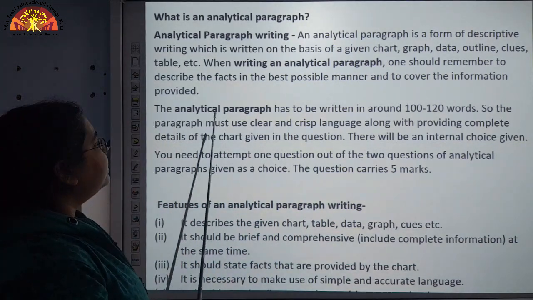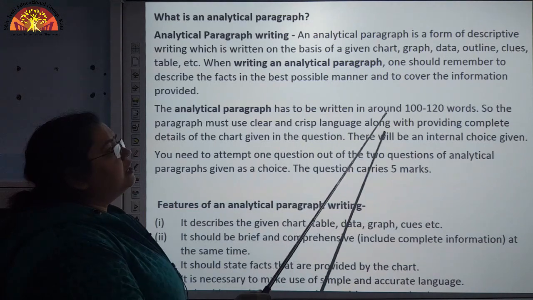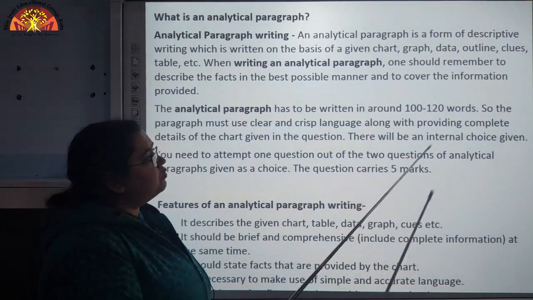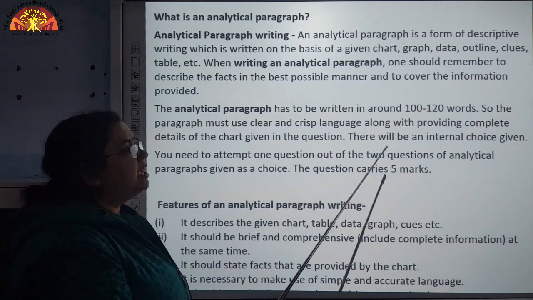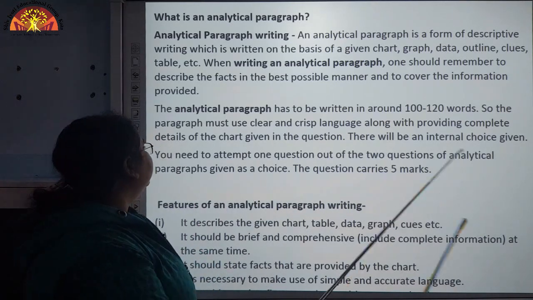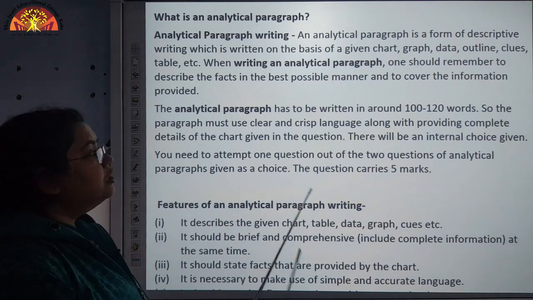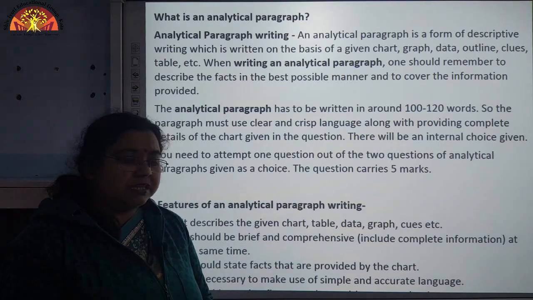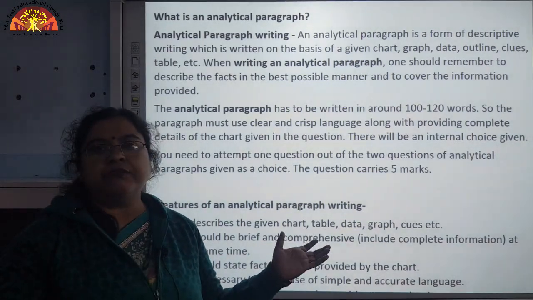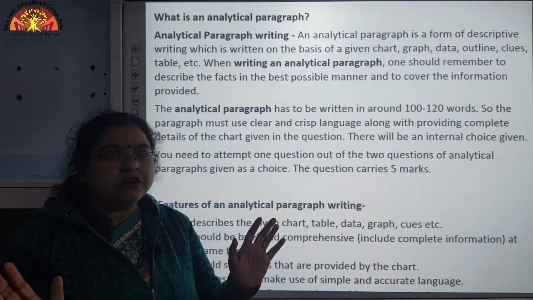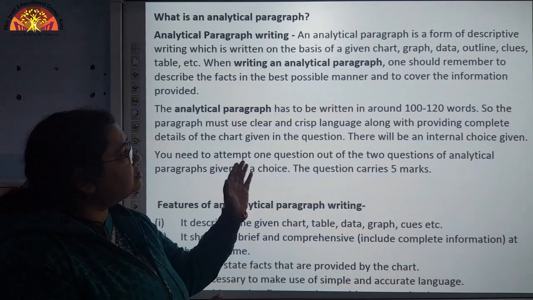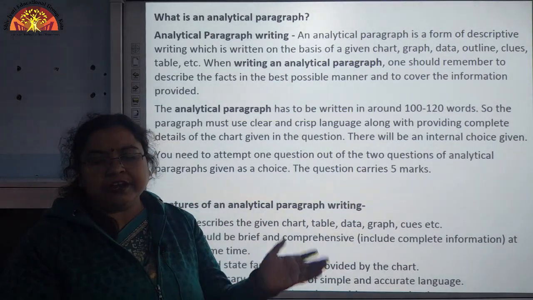Now the analytical paragraph has to be written in around 100 to 120 words. The paragraph must use clear and crisp language along with providing complete details of the chart. This is not a very long piece of writing where you are going to write 200 or 250 words. You have just a small word limit of 100 to 120 words.